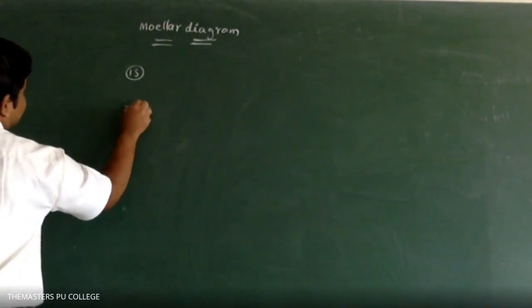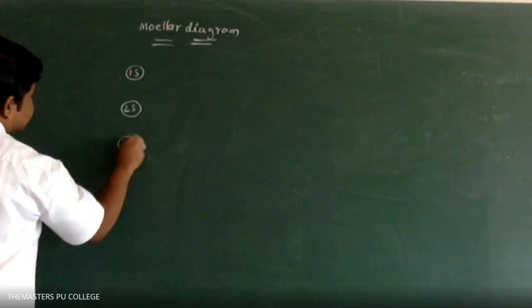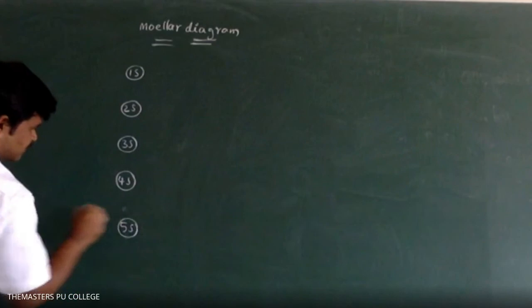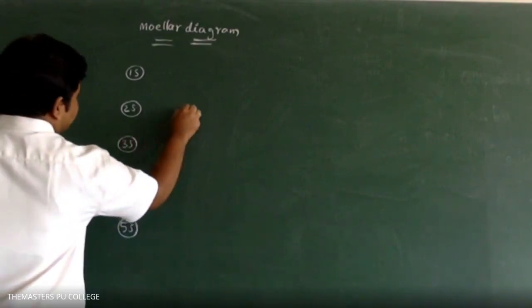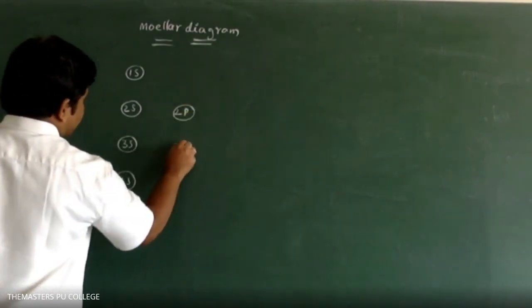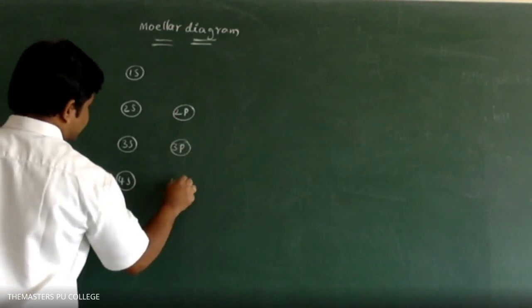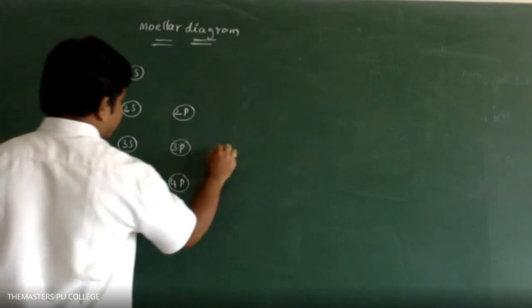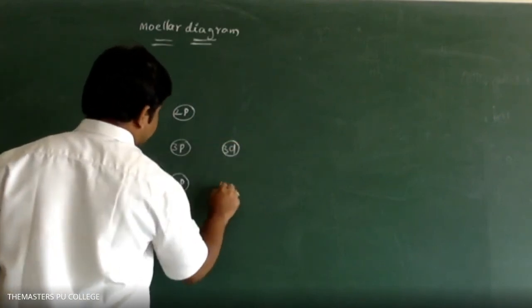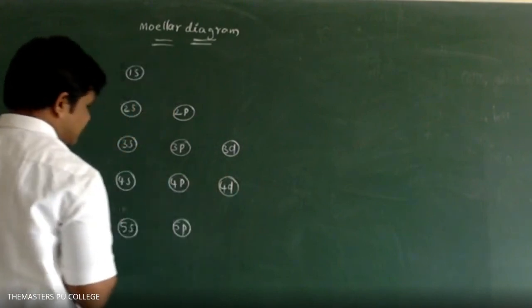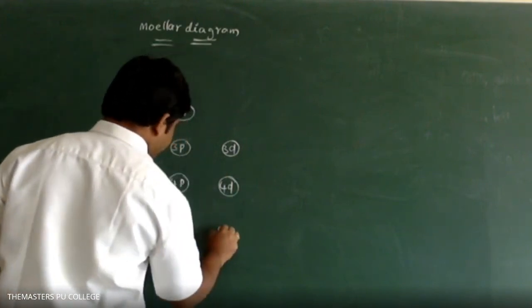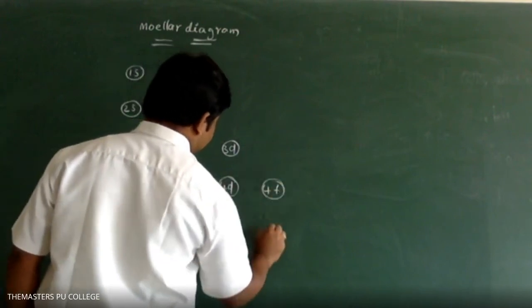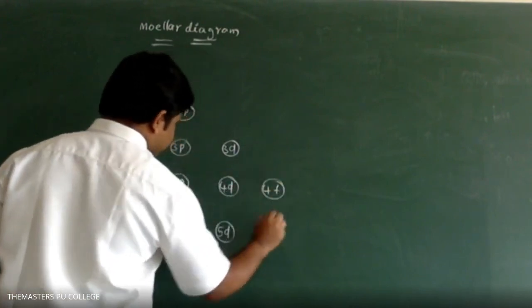1s, 2s, 3s, 4s, 5s, up to 5s I am writing. Okay, 2p, 3p, 4p, 5p, 3d, 4d, 5d, okay, 4f, 5f.